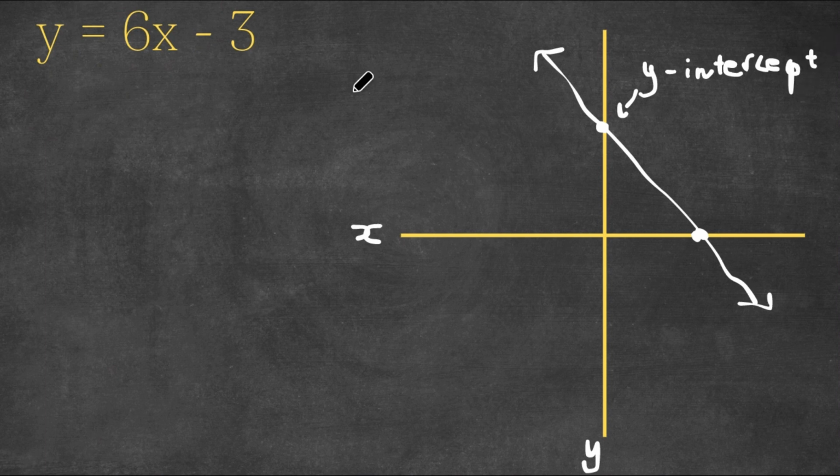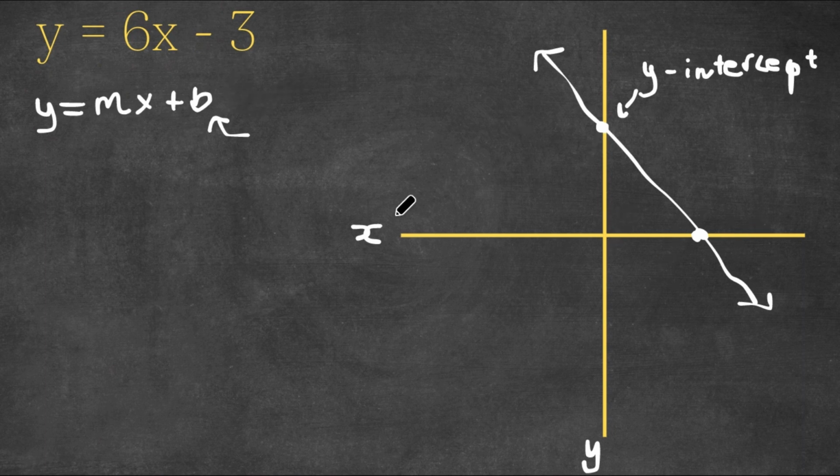And if you recall, an equation in the form y is equal to mx plus b, remember, this is an equation in slope-intercept form. And b here is the y-intercept. B is our y-intercept.